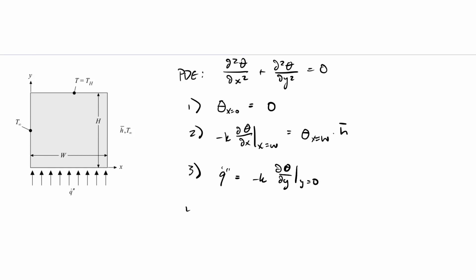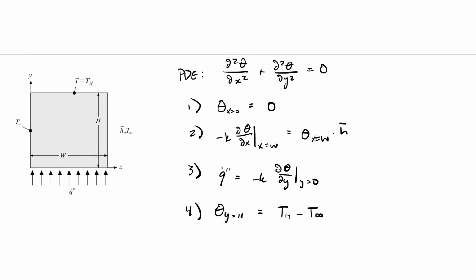And then theta at y equals h is equal to T h minus T infinity. We have to switch things around there. So y is definitely not homogeneous. We still have q dot on one side and T h minus T infinity, but like I said, this is now a problem that we can actually solve using separation of variables.